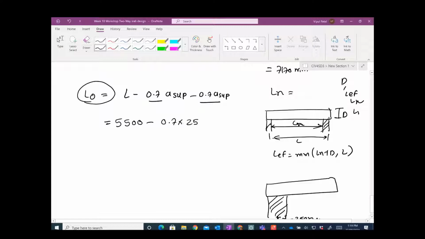A support is 250, just half of your beam width, and this is 5500 take away 0.7 times 250, take away 0.7 times 250, you get 5150 millimeters.